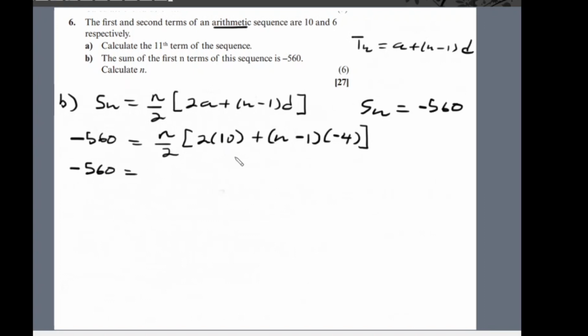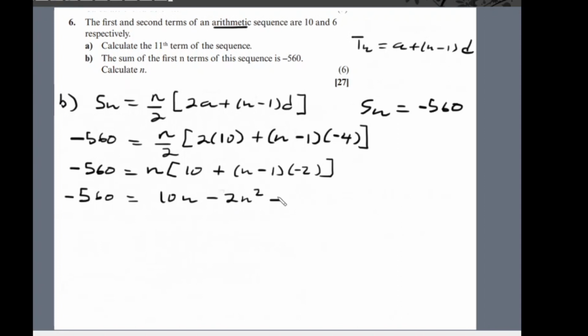When you divide by 2 in these brackets, we'll have 10 plus n minus 1 times minus 2. So minus 560 will be equals to 10n minus 2n squared plus 2n, right? Therefore, taking everything to one side, you'll have 2n squared minus 12n minus 560 is equals to 0.